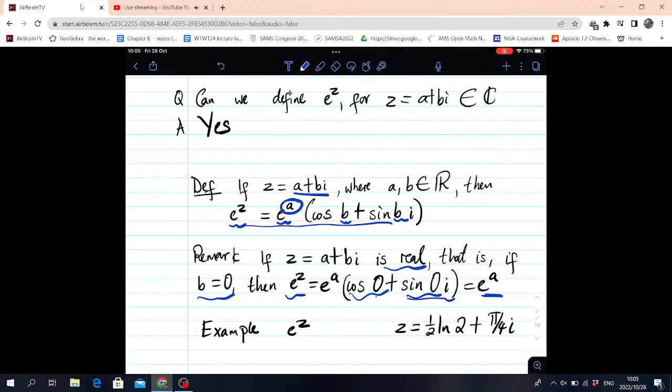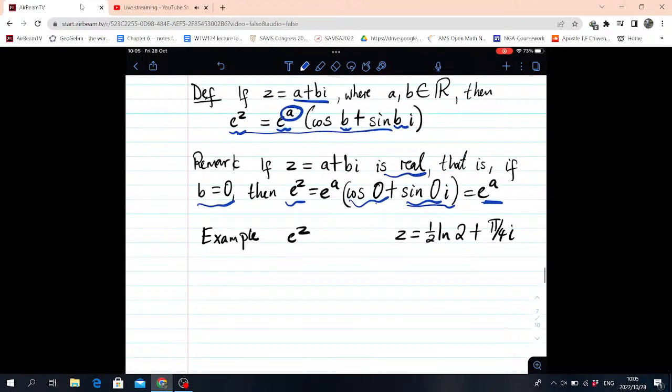So it is consistent. Now let's look at a simple example to see how it works. Suppose you want to find e to the z, where z is equal to that. Then you say, this is my real part, this is my imaginary part.